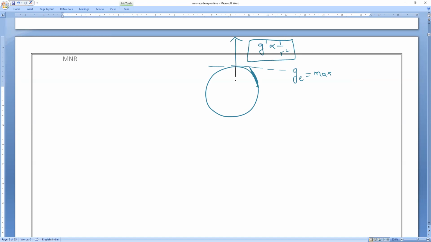If I go down, inside the solid, g value is directly proportional to r. Already I have taught you this while teaching the solid sphere and hollow sphere. Inside and outside we studied or not? Everybody, please respond. So the same concept you have to remember here.